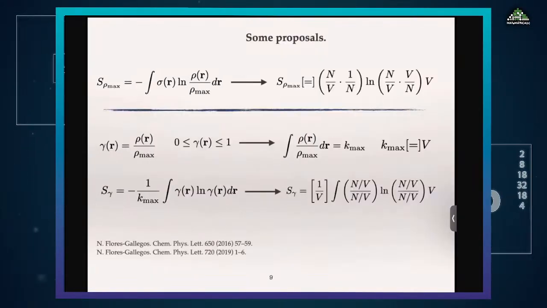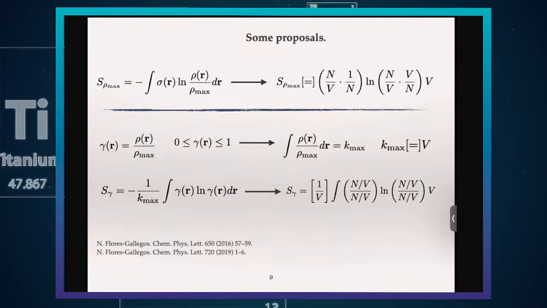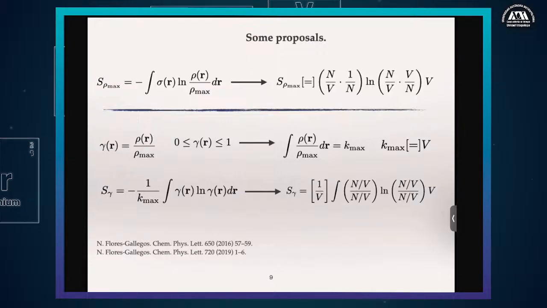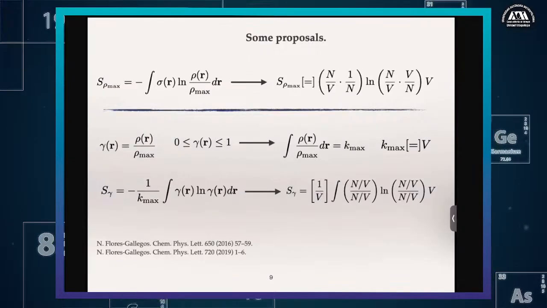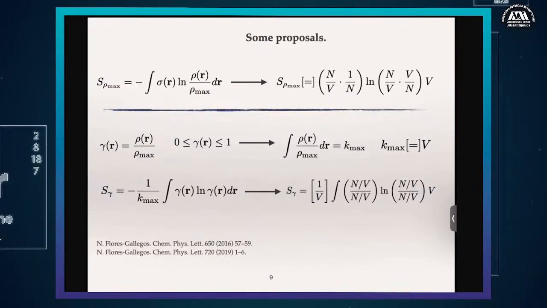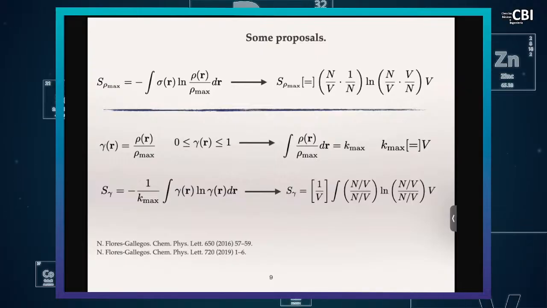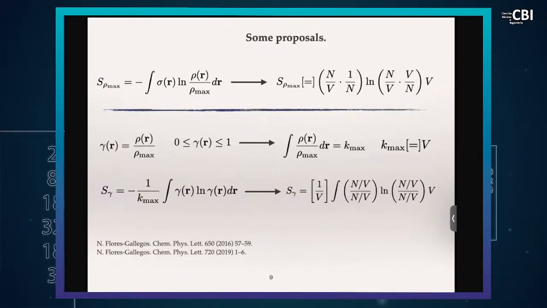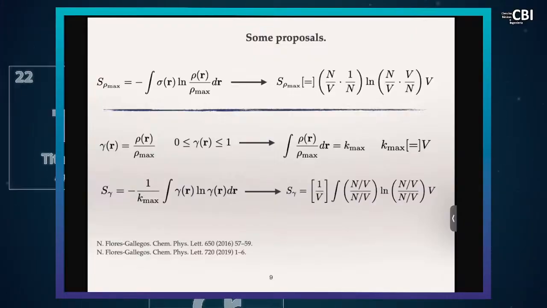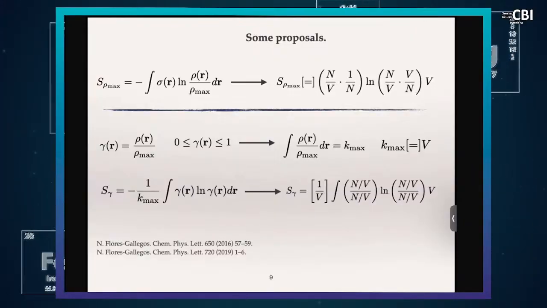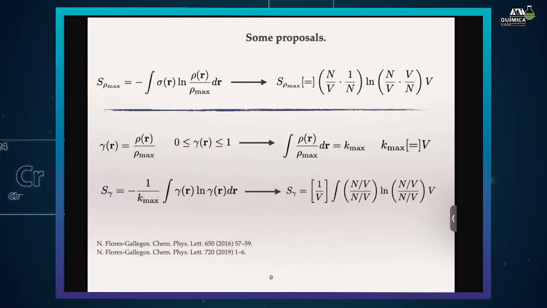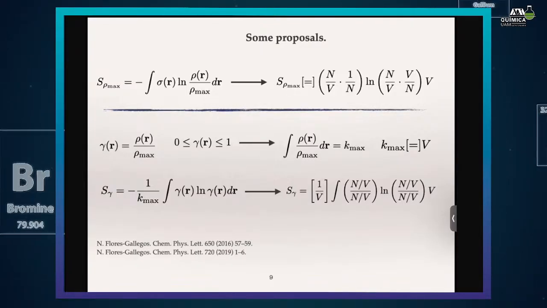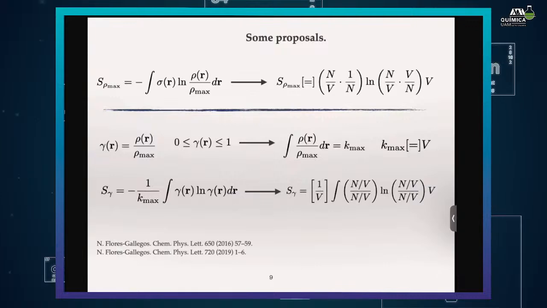So we have some proposals, and one of them is to define the electron density divided by the maximum value of the electron density. In this case, the argument will be dimensionless, and the shape factor multiplied by the volume element will produce a dimensionless definition.